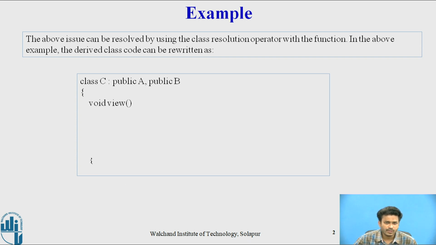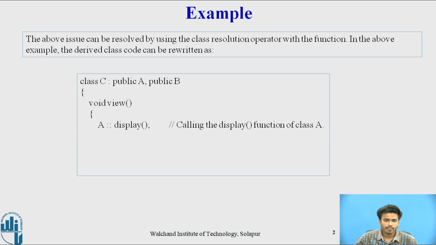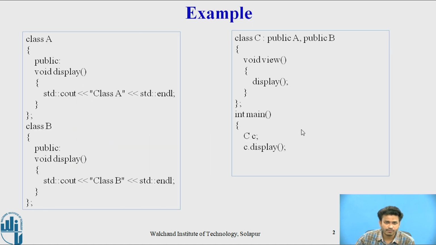And now this view function wants to call the display function of class A, so here we'll use the scope resolution operator. Means calling the display function of class A. When we specify A, scope resolution operator, display, then this method is going to call this display function.